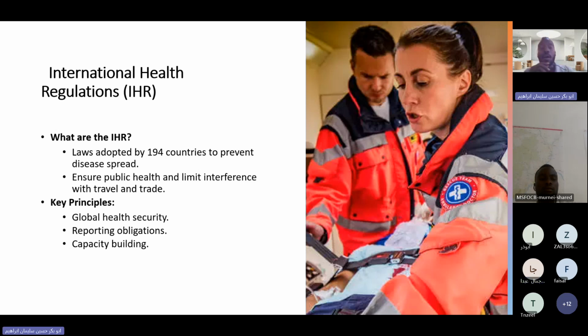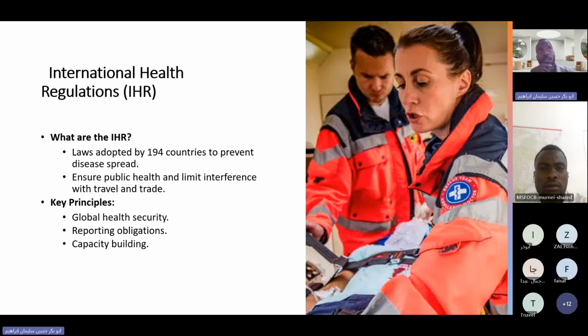Yeah. With the International Health Regulation, we can control the movement of people, especially those who have infectious disease. For example, if someone from Sudan is affected by COVID-19 and directly travels to Chad, that means he can definitely spread COVID-19 there.